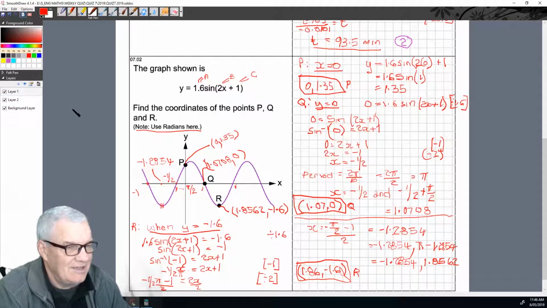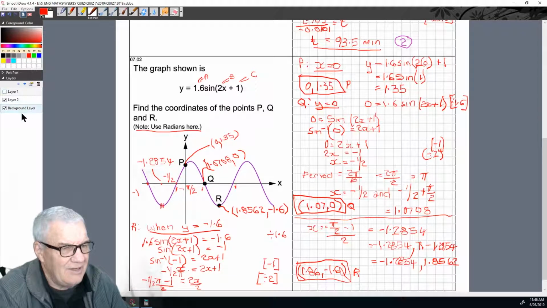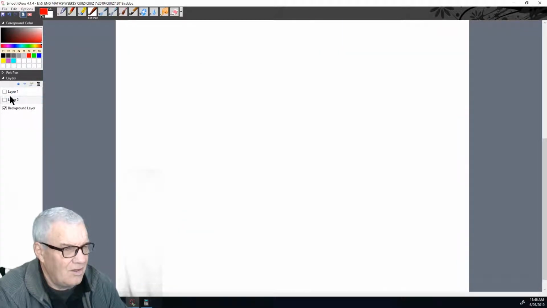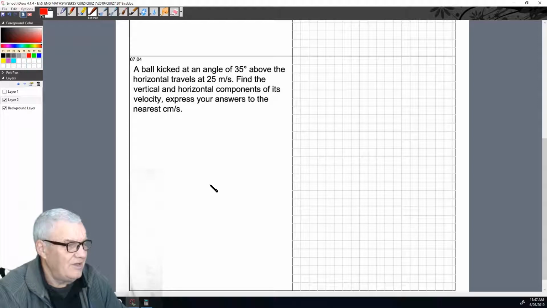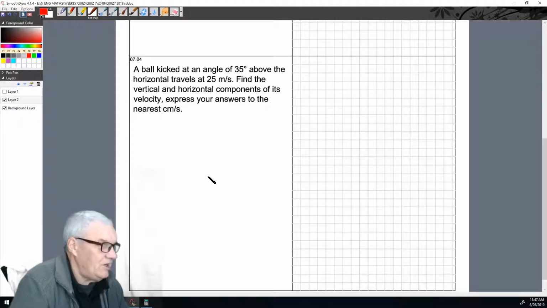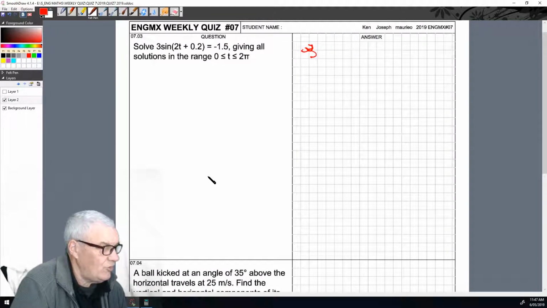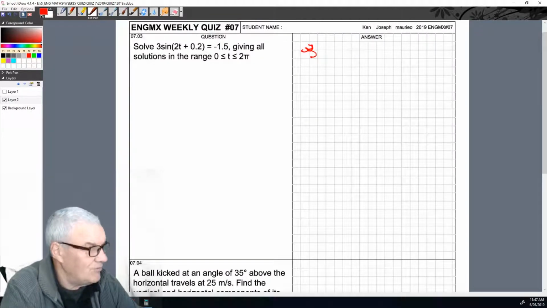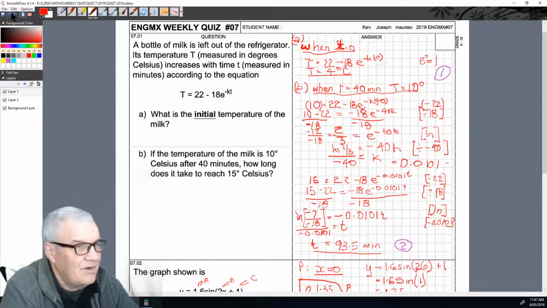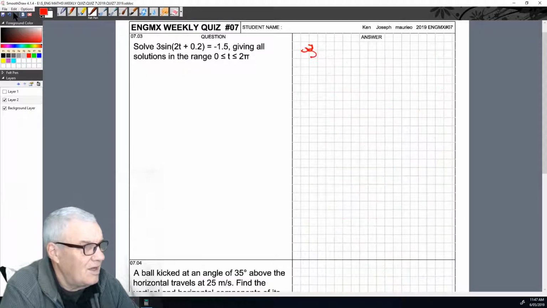So, we can turn off layer 1 here and we can get ourselves ready for solving question 3, which seems to have some little bit of writing on it there. I don't quite know where that came from. I don't think we can undo that.